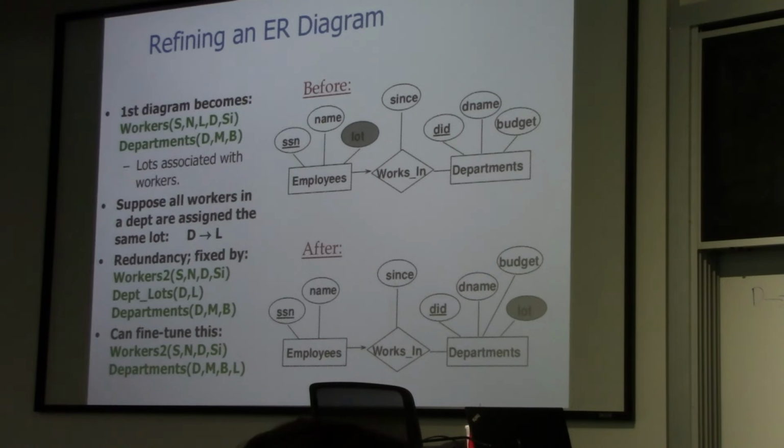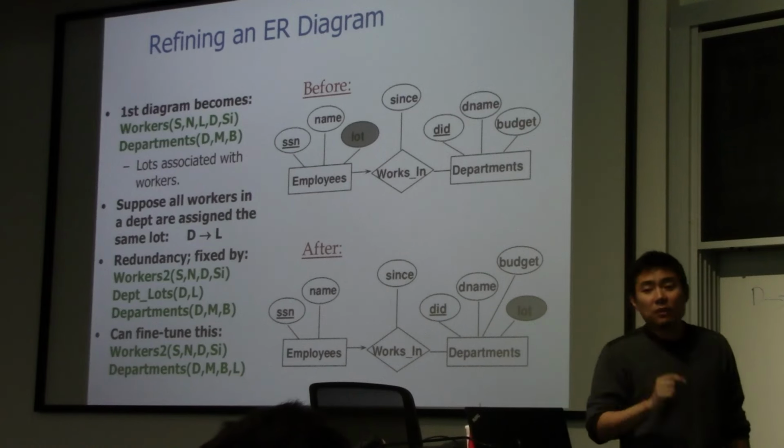But let's say the distribution of the workforce to different departments is different. So multiple departments could be assigned to the same lot, but that doesn't violate the functional dependency. If DID values are different, I don't know whether they are in the same lot or not. I didn't say anything about that. If the department ID value is the same, then the lot is the same. Okay?